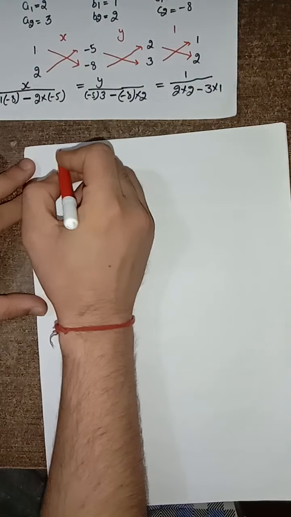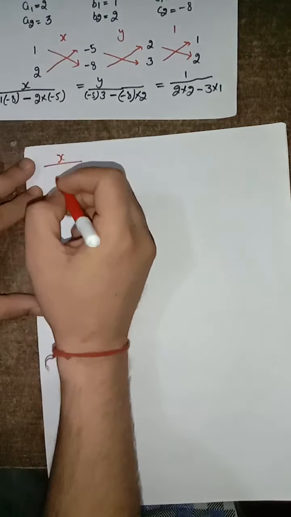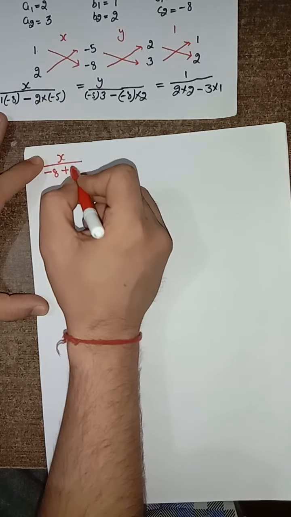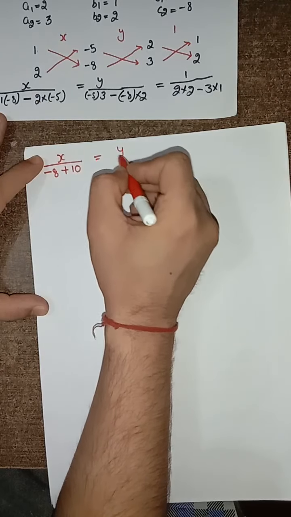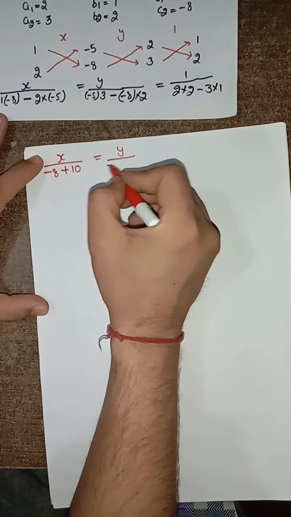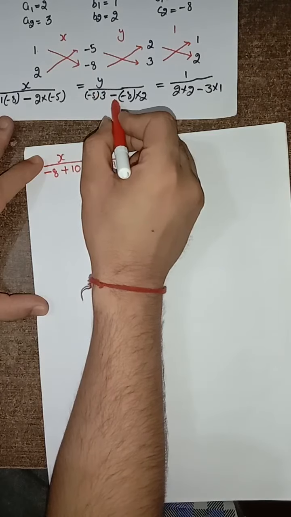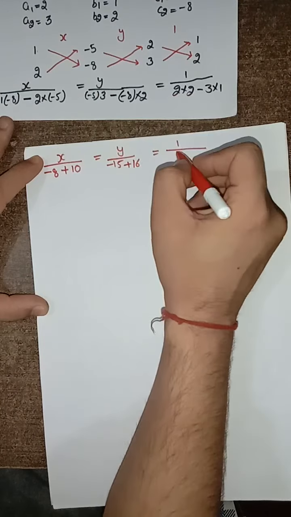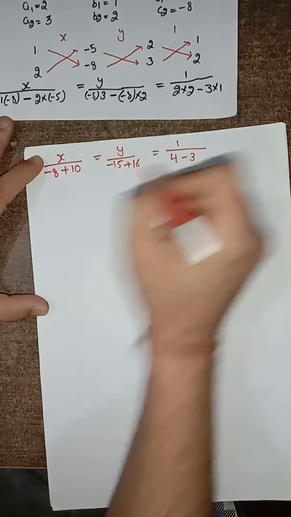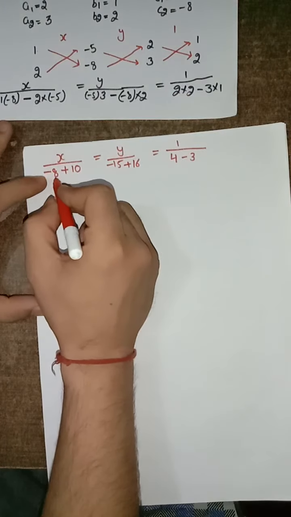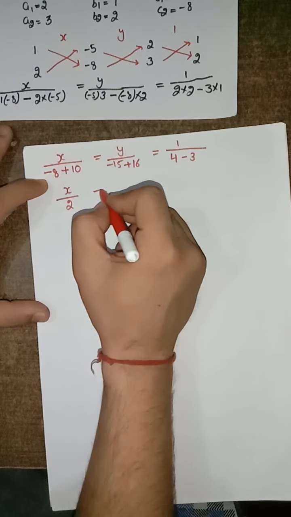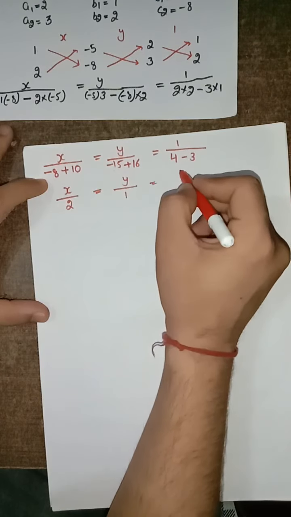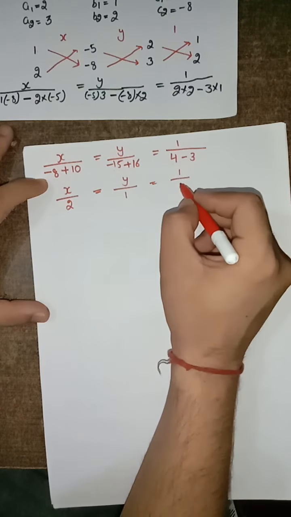Now if we solve, we will get x divided by minus 8 plus 2 fives, which are 10, equals y divided by minus 15 plus 2 eights, which are 16, equals 1 divided by 2 into 2, 4, minus 3. So x divided by minus 8 plus 10, that means 2, equals y divided by minus 15 plus 16, that means 1, equals 1 divided by 4 minus 3, which is 1.